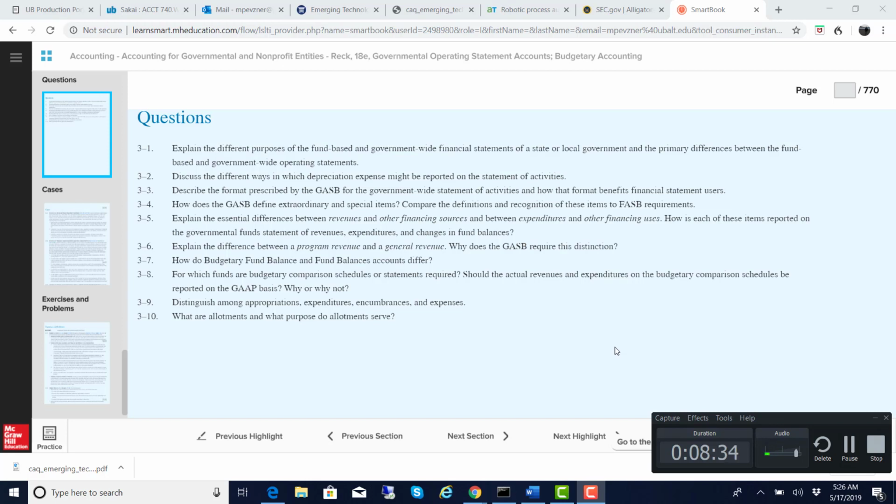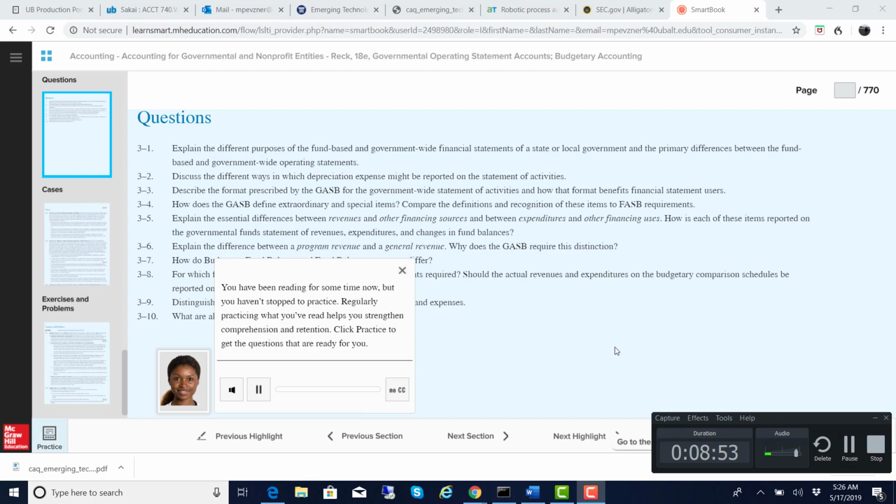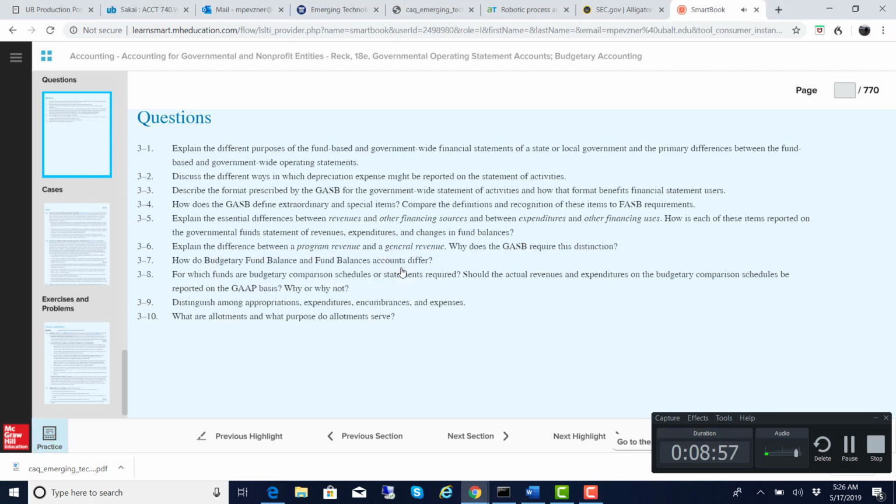The classification for extraordinary items for the government follows the original FASB definition. On page 73, it says extraordinary items are defined as transactions or other events that are both unusual in nature and infrequent in occurrence. It's the same language FASB used to use, and it's no longer available for FASB.